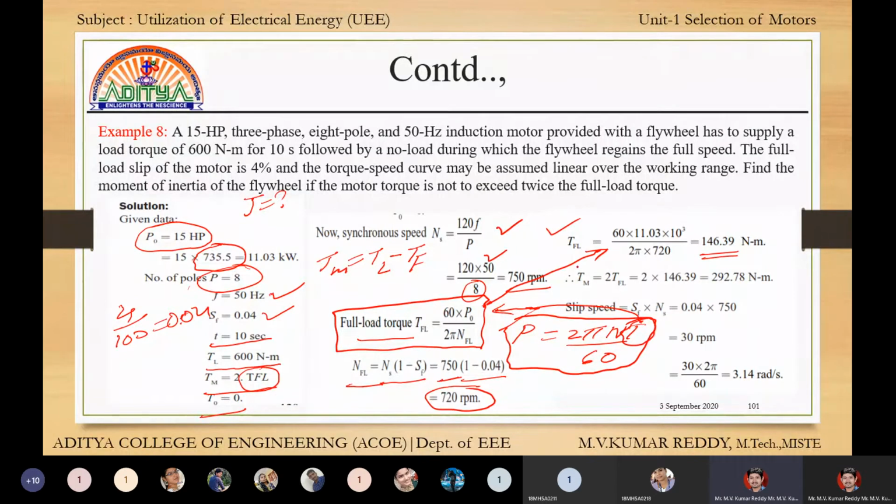Given that motor torque is equal to 2 into full load torque, that is 2 into 146.39, now we have the motor torque. Next is the slip speed, slip into speed, that is 30 rpm, converted into radians per second, because slip speed is always in radians per second.